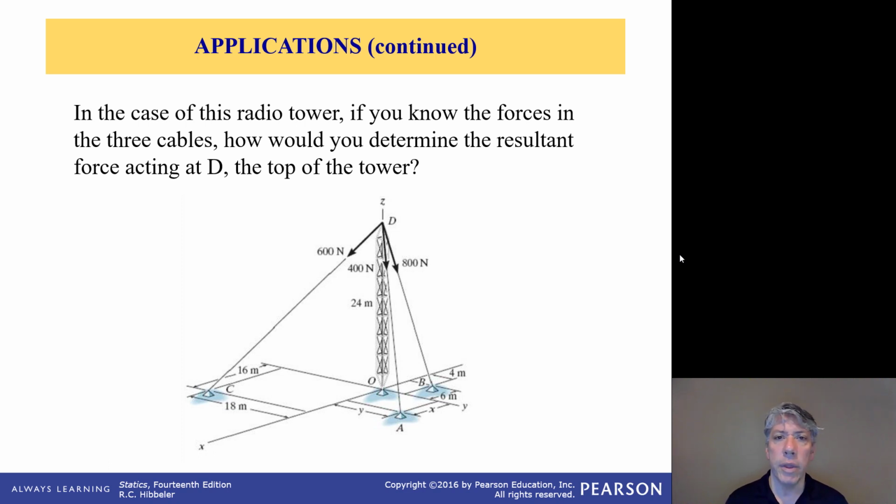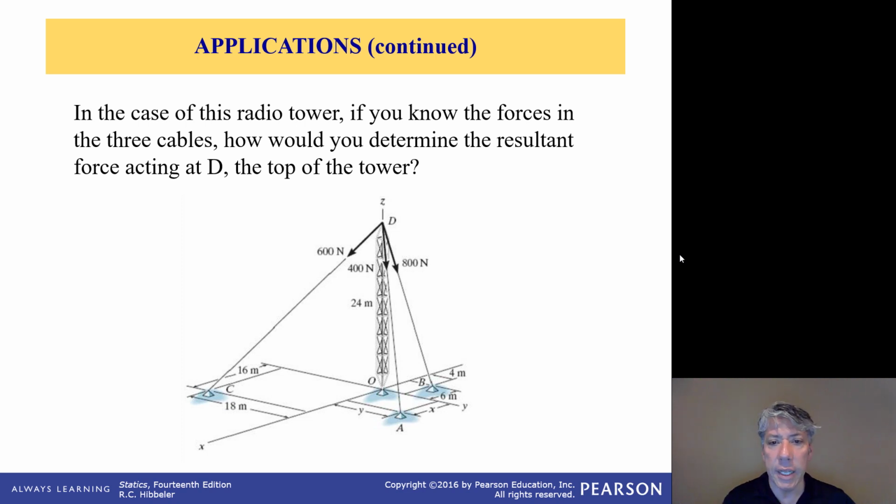So how would we determine the sum of these vectors? In other words, the resultant, the net effect of these three forces? Well, we need the ability to add vectors together. And of course, these are three-dimensional vectors. But we have to back up a little bit, because while we know the magnitudes of the forces, all we really know for direction is geometry information. In other words, point C, for example, is 16 meters along the x-axis and 18 meters along the y-axis away from the origin.